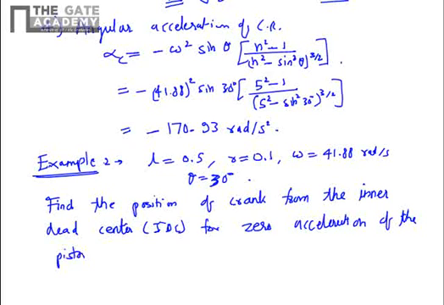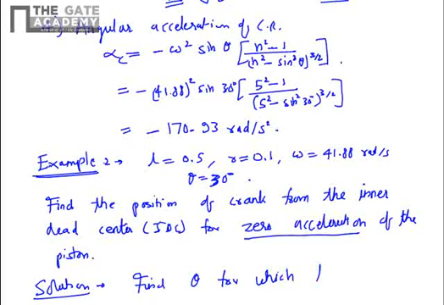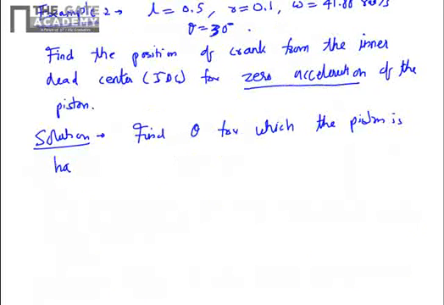So here the question is asked in a tricky way. We have to find the position where zero acceleration occurs. So the first step in finding the solution is to find theta, or the angular position of the crank, for which the piston is having zero acceleration.